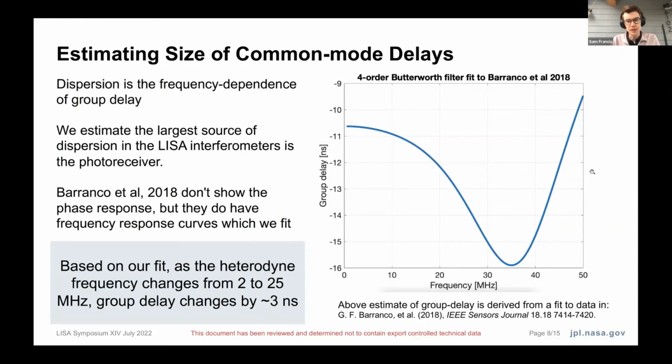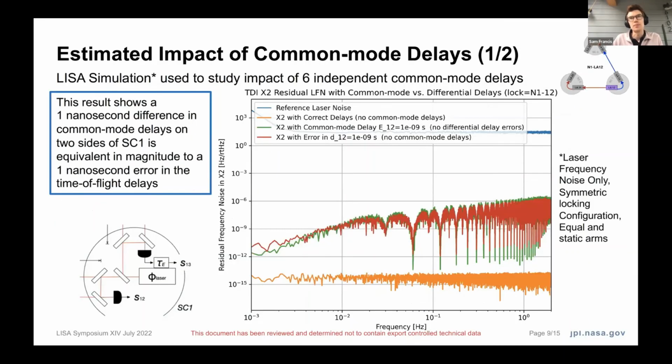But from this plot, we can estimate that for a beat note frequency from 2 to 25 megahertz, we're getting a group delay change of roughly 3 nanoseconds. Running with this number, thinking we can potentially get 1 nanosecond common mode delays through these photodetectors, we ran some simulations to look at the impact of this type of delay.